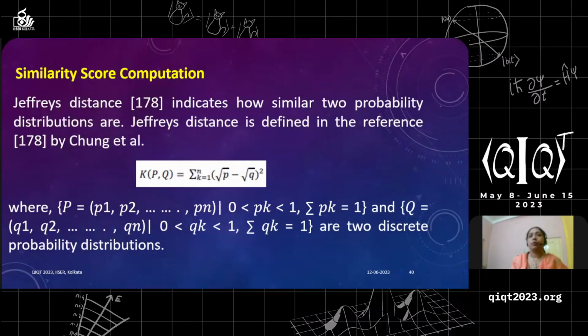Now regarding the similarity score computation, we have considered Jeffrey's distance, which indicates how similar two discrete probability distributions are. This is the formal equation, where P and Q indicate two discrete probability distributions.